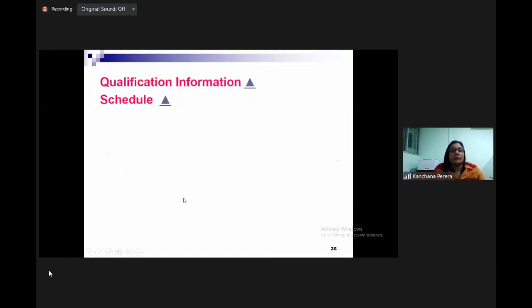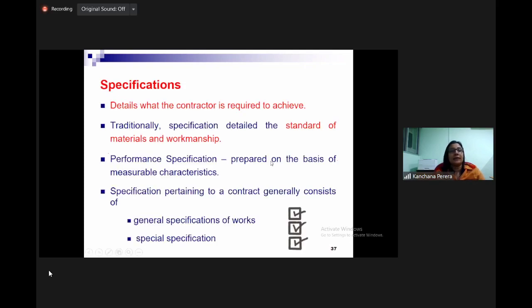Then there are qualification information and schedules, which are there in the bid documents. Then we have one of the very important sections, specifications. Specs detail what the contractor is required to achieve, right? Traditionally, specifications detail the standard of materials and workmanship.